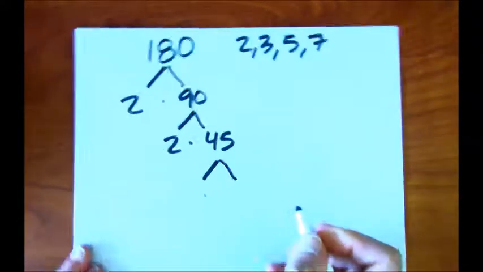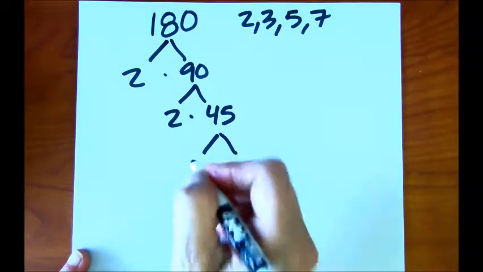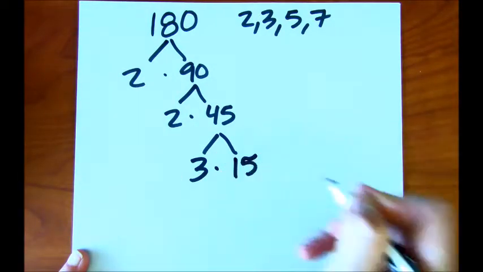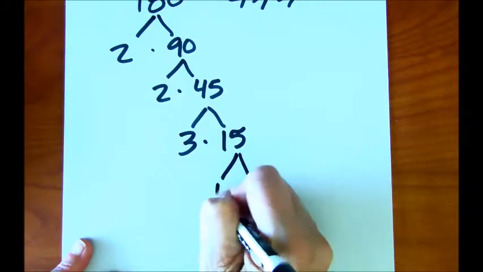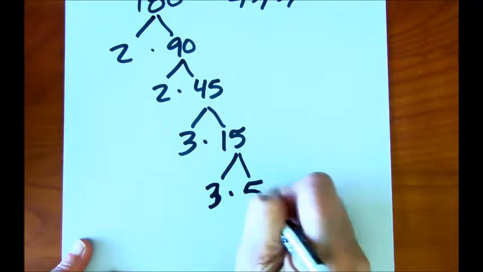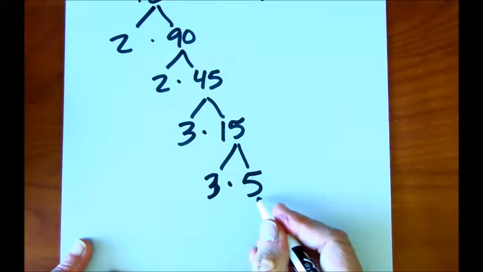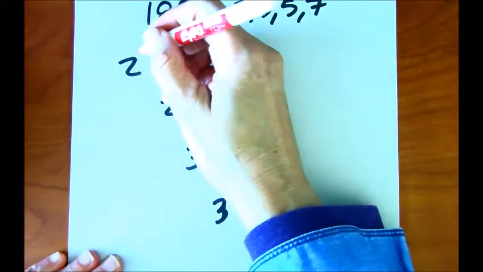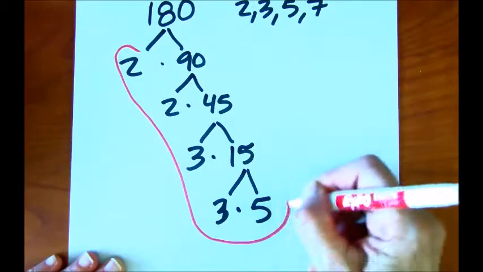Now 2 does not go into 45. 3, however, does go into 45 15 times. 3 also goes into 15 5 times. And 5 is prime. So we've got all of those factors here on the ends of our branches.